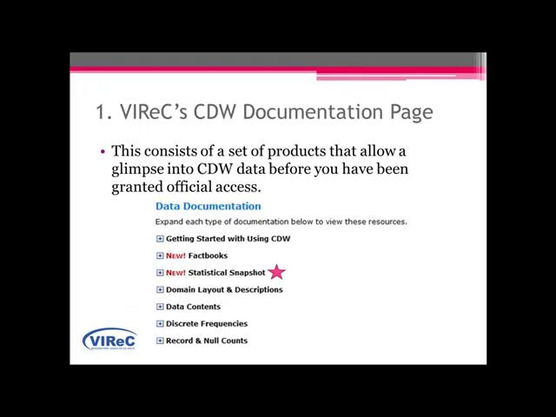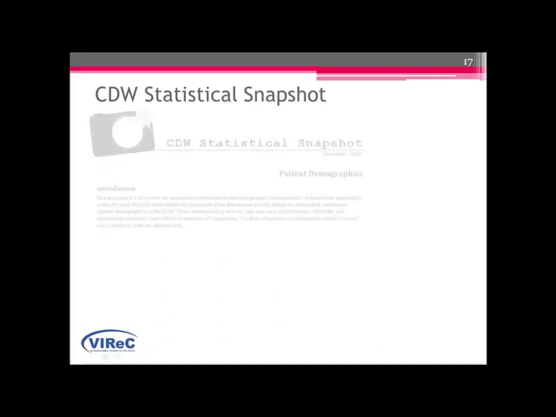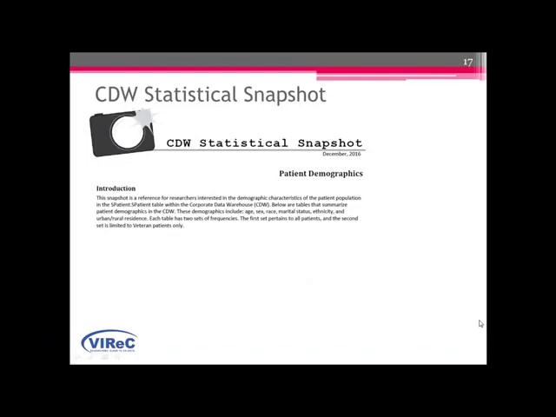So let's move on and take a basic look at what you might find in a statistical snapshot. In this case, we are looking at the statistical snapshot for patient demographic information.